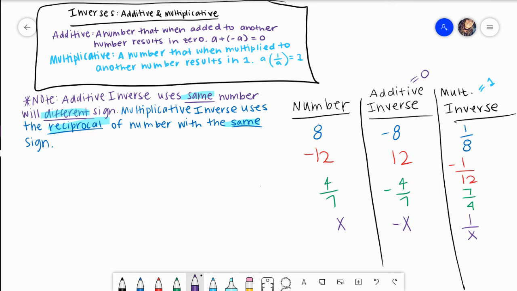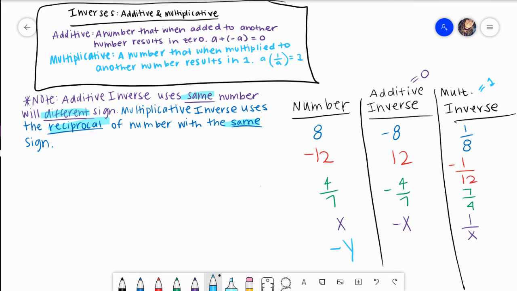So that negative x will result in a 0 if I combine together x and negative x. And then that multiplicative inverse, 1 over x, if I combine x and 1 over x, I get 1. And I'll do one of these over here to the side just so it can really make some sense for you, okay? Lastly, let's look at the number negative y.